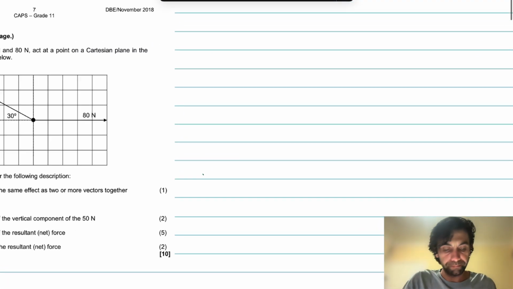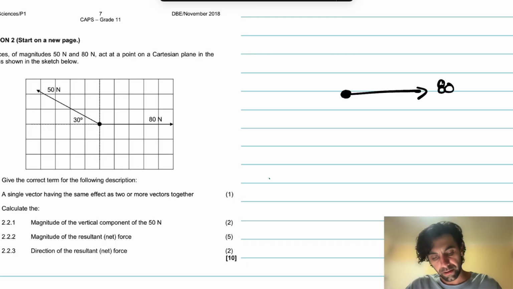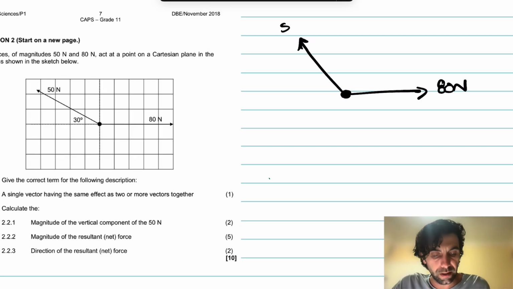Basically what's happening here is we have an 80 Newton force acting this way. Okay, and we have a 50 Newton force acting in this direction, and that is at 30 degrees.